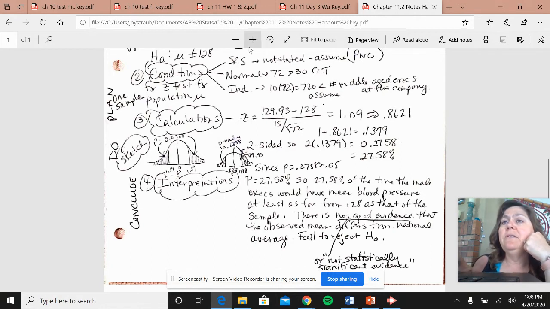Then the last thing you're going to do is get your little sketch going, and I crammed it in here. Sorry, it should have been down here, but your 128 is here in the middle, okay? And then our 129.93 is over here to the right of it because it's higher. And we are definitely right at the 1 standard deviation. So you have to do 15 divided by the square root of 72 to see what that distance is.